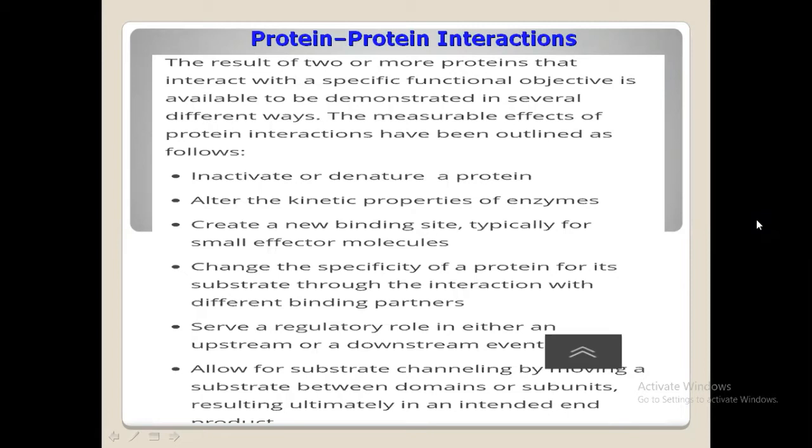Then serve a regulatory role in either an upstream or a downstream event. Then allow for substrate channeling by moving a substrate between domains or subunits of the protein, resulting ultimately in an intended end product. So these are all the outline steps that you have to keep in mind when you are doing PPIs.